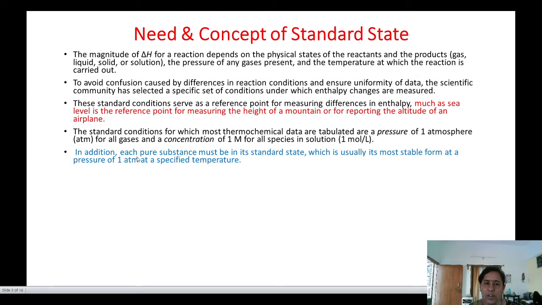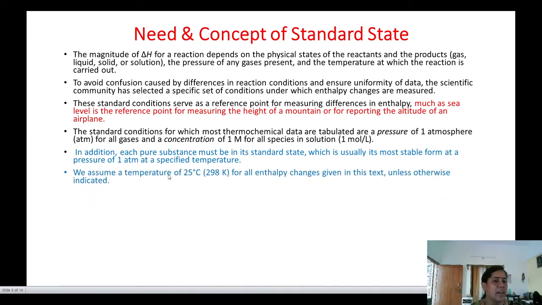In addition, each pure substance may be present in its standard state, which is usually its most stable form, at a pressure equal to 1 atmosphere and a specified temperature. Now the question arises: what is the specified temperature?